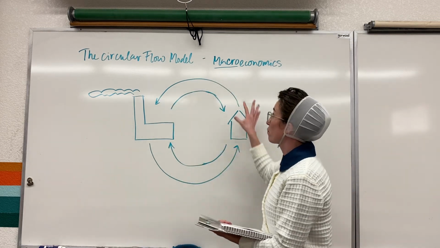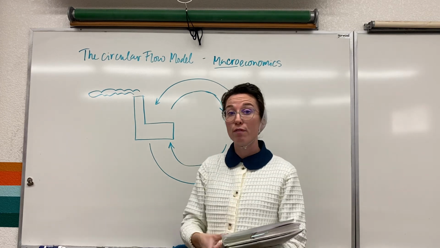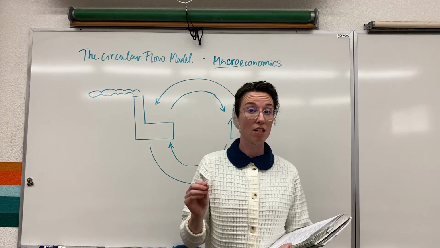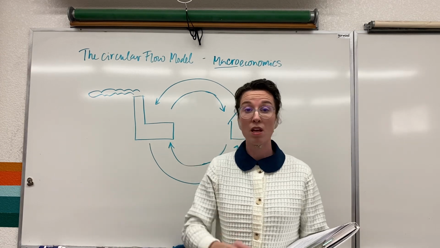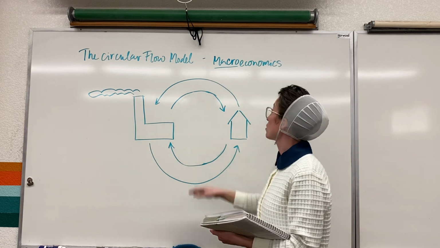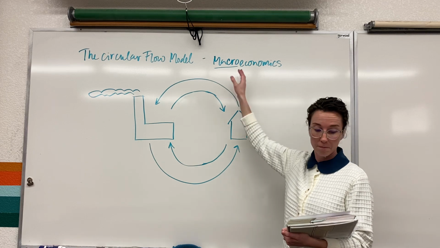So this circular flow model has to do with macroeconomics because it's a visual explanation of how a complete national economic system works. The whole economic system of a nation. That's why it's used in macroeconomics.